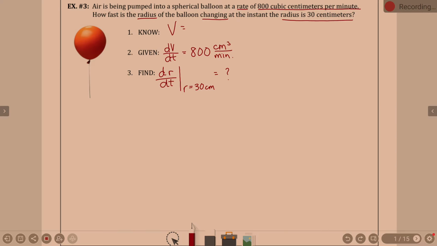Got a guess? I'm going to say 4/3 pi r squared. No, cubed. That's exactly it. Volume of a sphere, 4/3 pi r cubed.